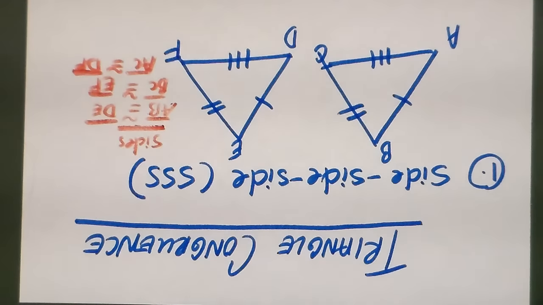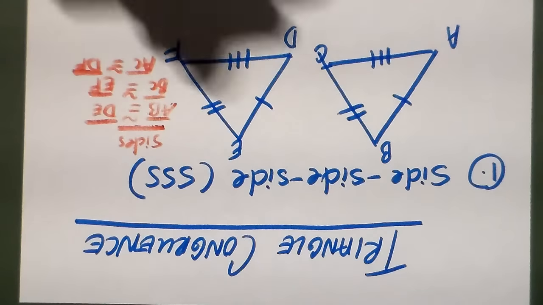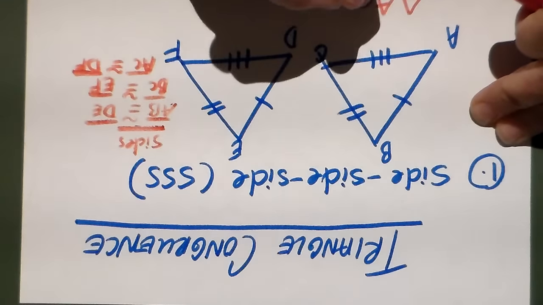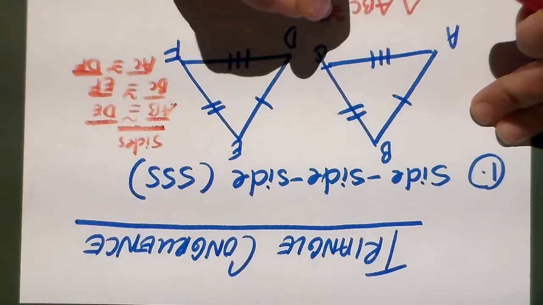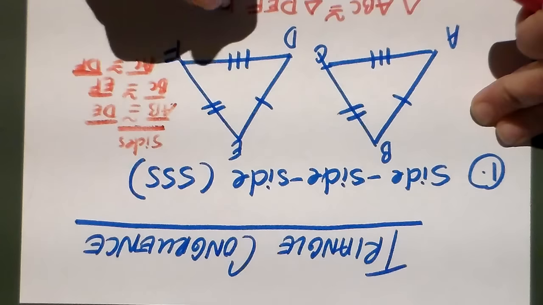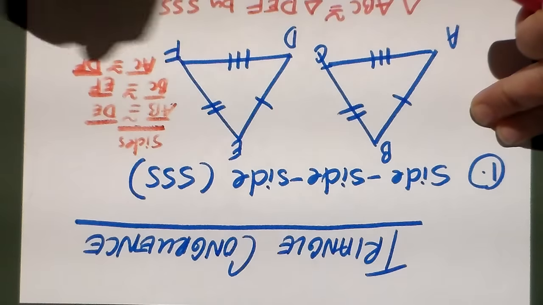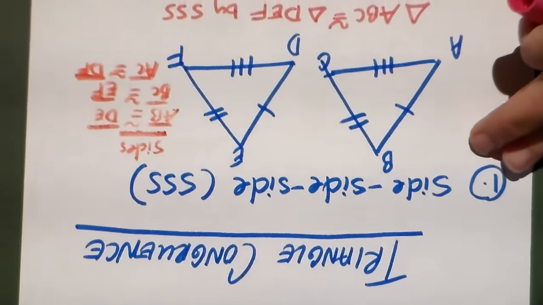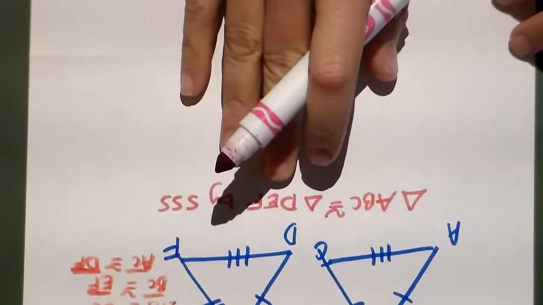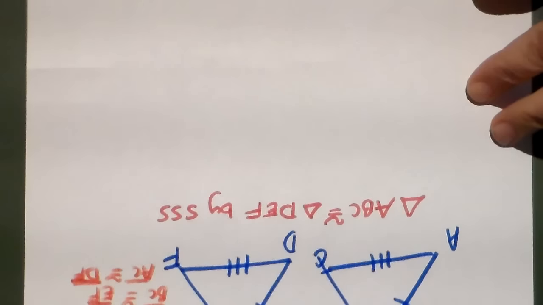I would then make my congruence statement: triangle ABC is congruent to triangle DEF by side, side, side. What we're looking at here is that the two triangles have the same sides.